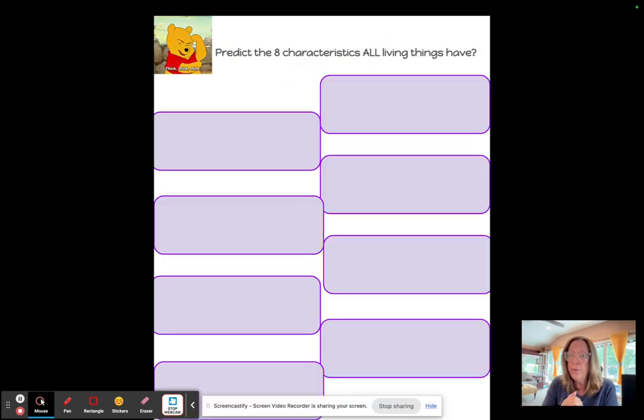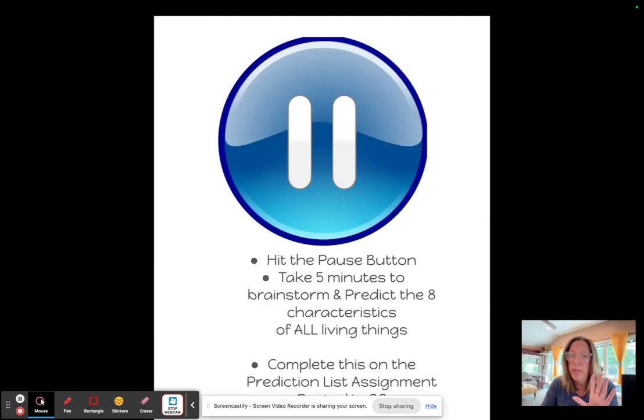So this is your prediction slide. If you go to your Google Classroom, you'll find an assignment called Prediction of the 8 Characteristics of All Living Things. And it looks like this. It is 8 text boxes. I'm going to ask you to pause the video now. And for 5 minutes, I will keep track of the time. You are going to try to complete those predictions, as many as you can.